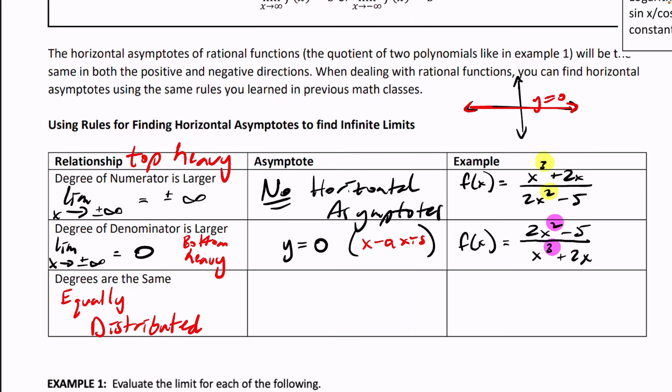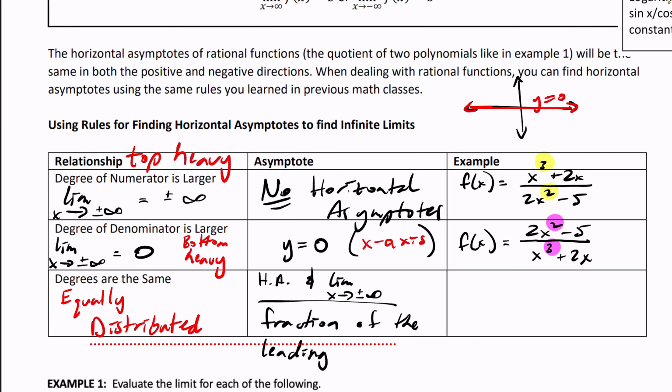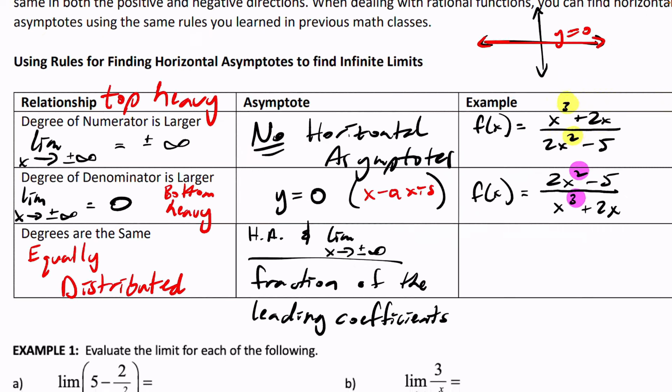Well, the horizontal asymptote and the limit as x approaches positive or negative infinity will be what's called a fraction of the leading coefficients.